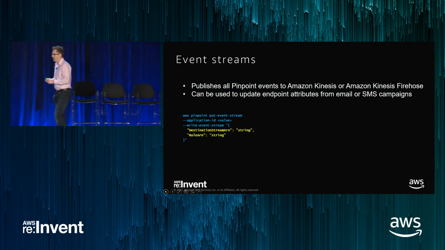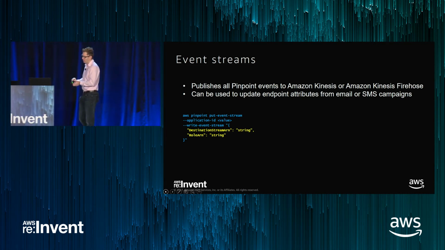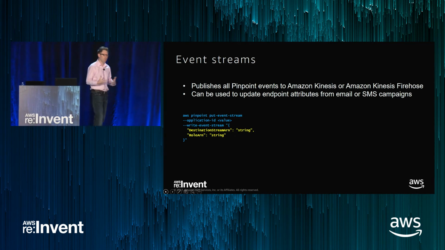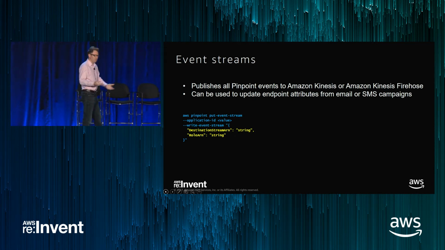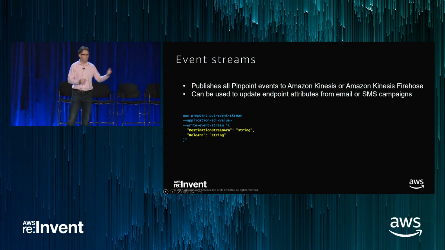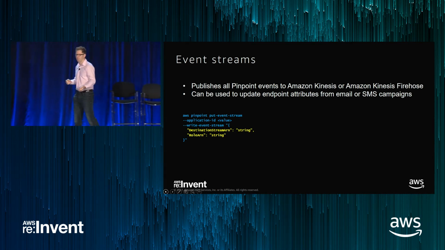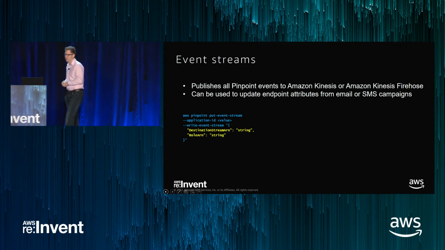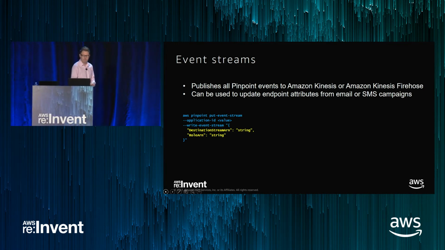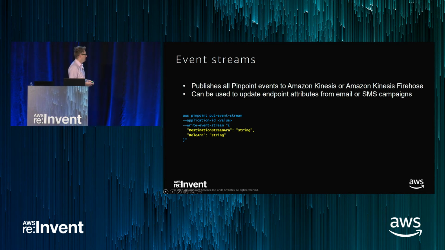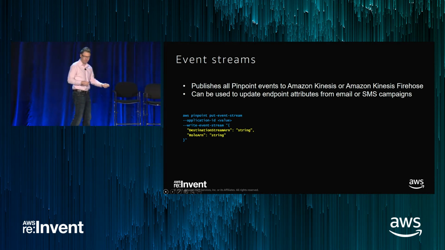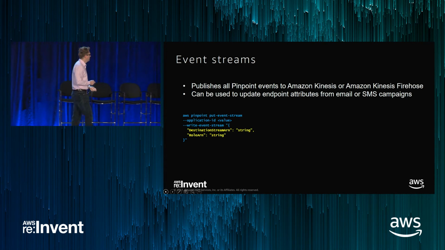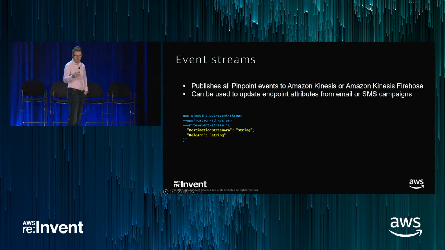So event streams actually let Pinpoint export all of the campaign events to Kinesis or Kinesis Firehose, which you can then do anything you want with. So from Kinesis Firehose, you can drop those in S3. You can drop them in Redshift. You can bring them on-prem for processing. But what we're using it for in this demo is I'm actually going to use that Kinesis stream as my trigger mechanism to see who's opened the email, who's clicked on the email, and I'll update the endpoint attributes based on that.